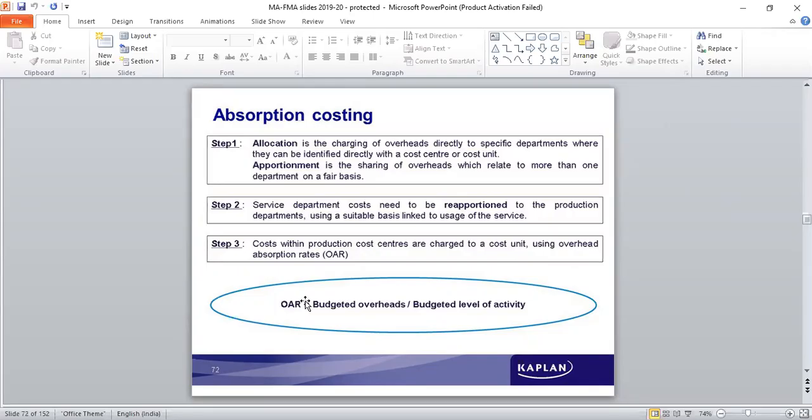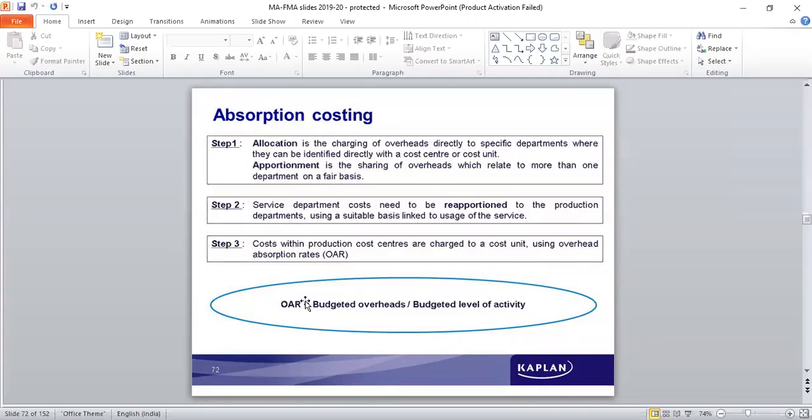If we can know the overheads incurred by each department, we directly charge that. We call that allocation. But if that is not known, we have to divide it based on some basis of apportionment, and the amount is divided and distributed. That term is called apportionment.